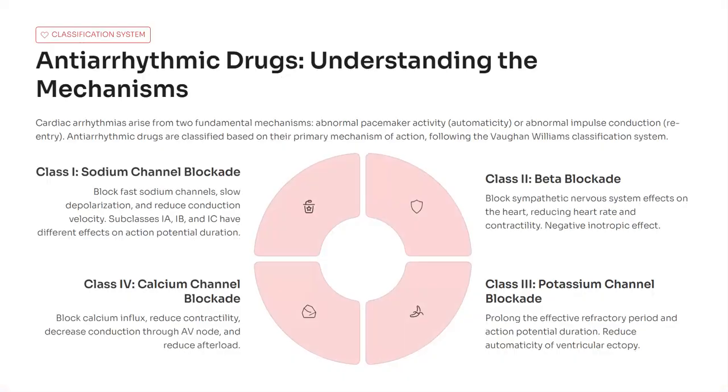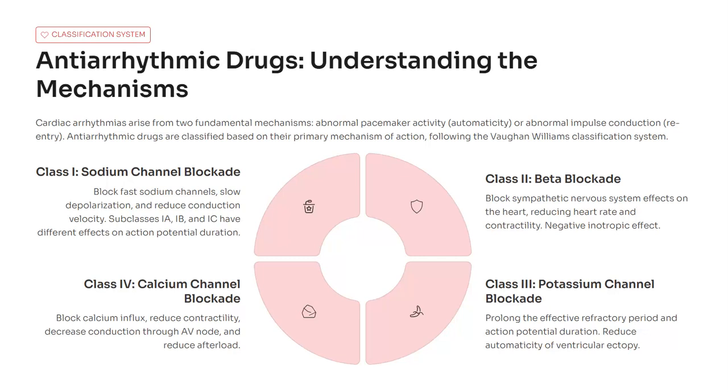So, let's talk about the mechanism of some antiarrhythmia medications. Class 1 is the sodium channel blockade. It blocks fast sodium channels, slows depolarization, and reduces conduction velocity. Then there's class 2, the beta blockade, that blocks sympathetic nervous system effects on the heart, reducing the heart rate and contractility.